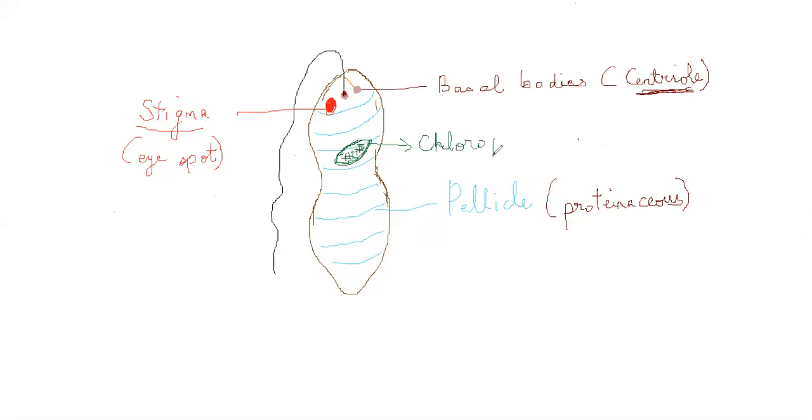And definitely there would be a nucleus, endoplasmic reticulum, mitochondria. All these cell organelles would be there. Right?